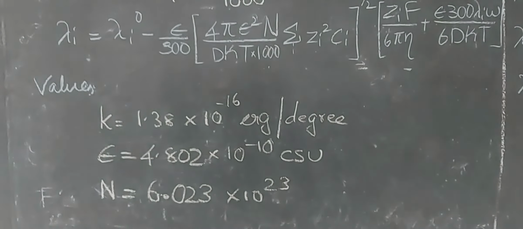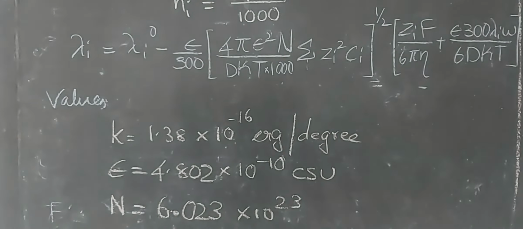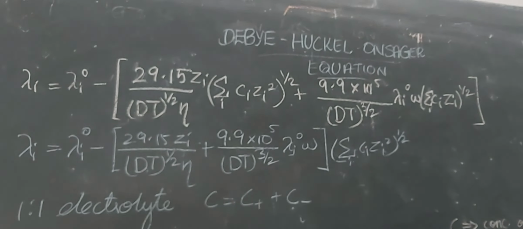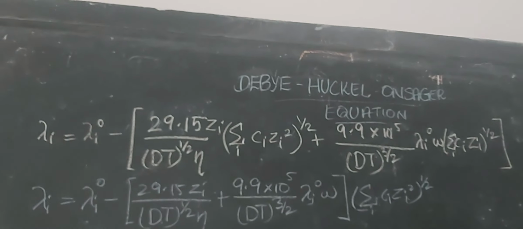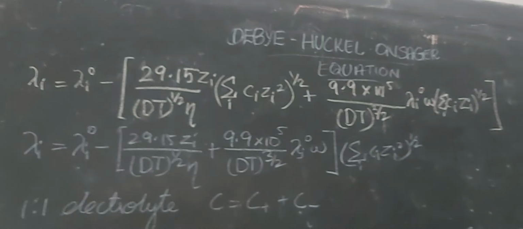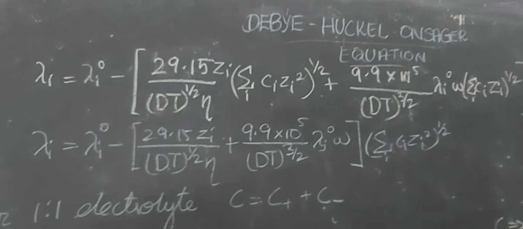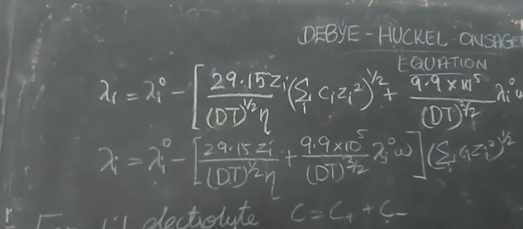So we are substituting all these values in the above equation. At the end, we will get an equation like this after substituting all the values. I am taking the summation of Ci zi square power of 1 by 2 as a single term from these two terms, so I am getting the equation like this in numerical form.